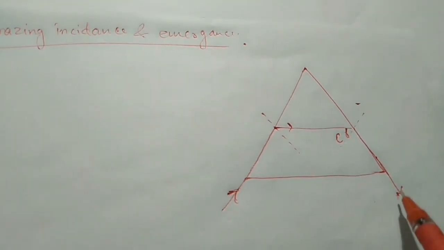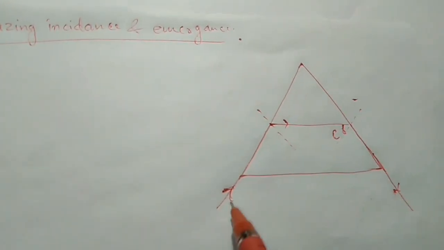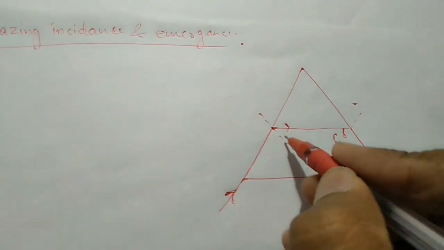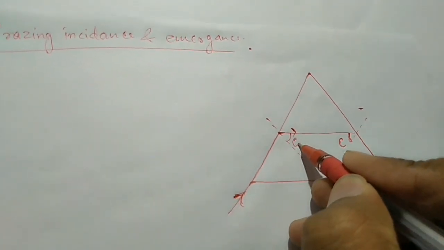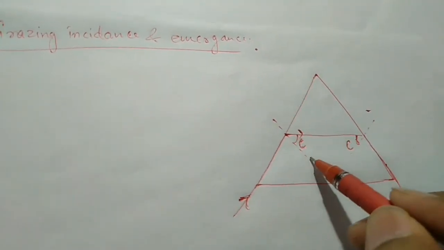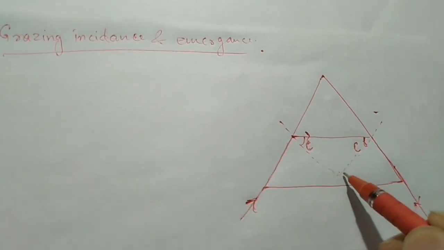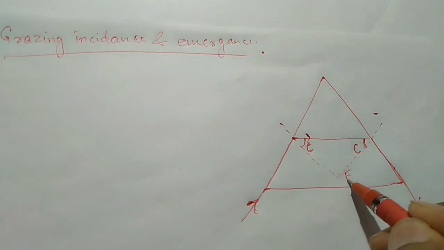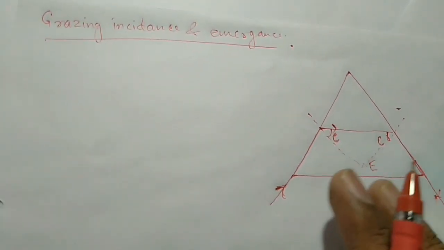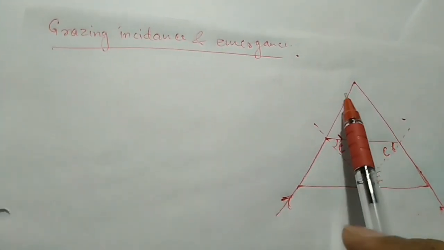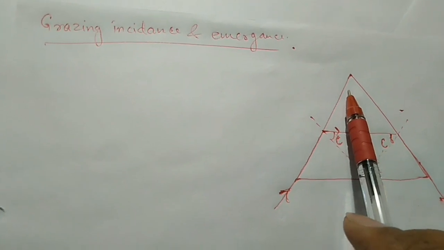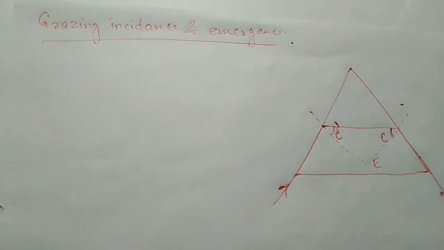Now suppose the light is coming from this path, so this is also possible only when this is also equal to C. If we join this, we can say this is any point, point E. Now we have to calculate the value of the angle of prism so that the light will do this situation.